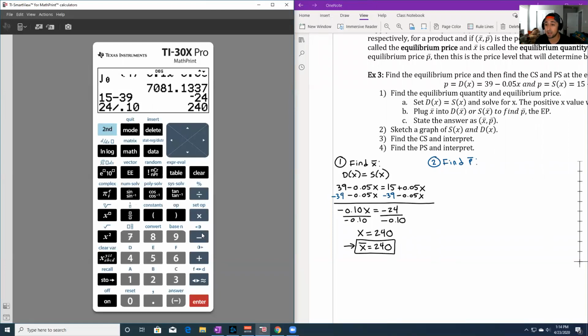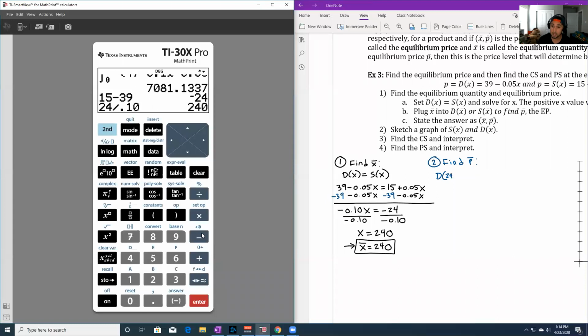You can plug it into d of x, or you can plug it into s of x, and you're going to get the same answer. The reason we get the same answer is because both functions intersect, and at the point where they intersect, they are equivalent. So this is why it does not matter which one you choose. So I'll just plug it into d of x.